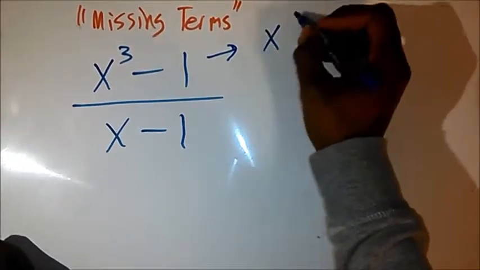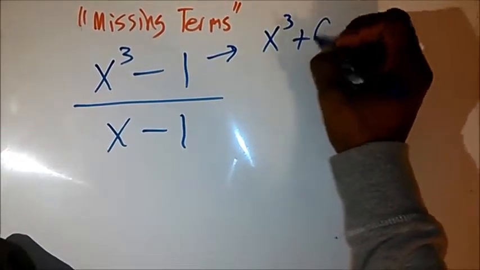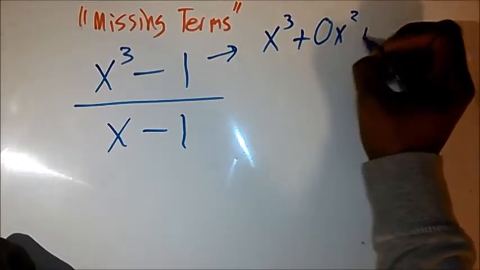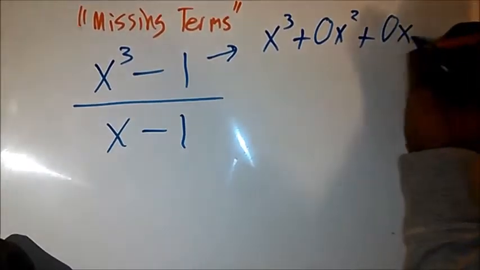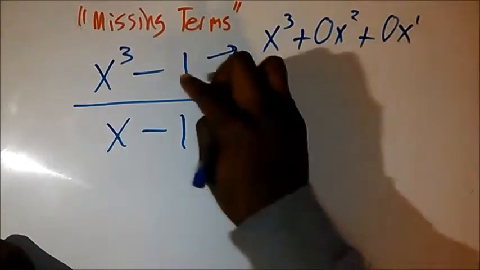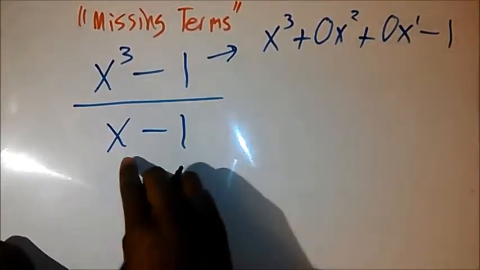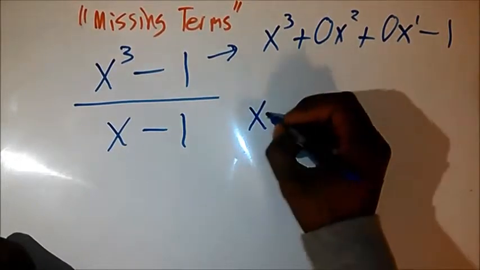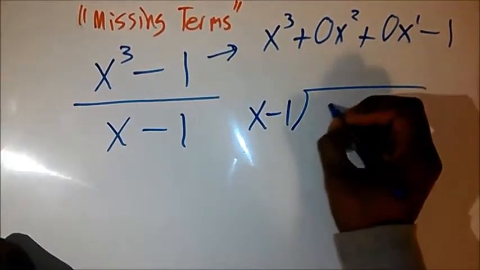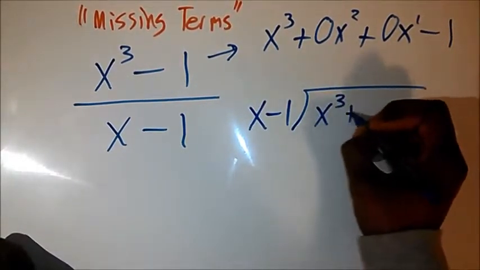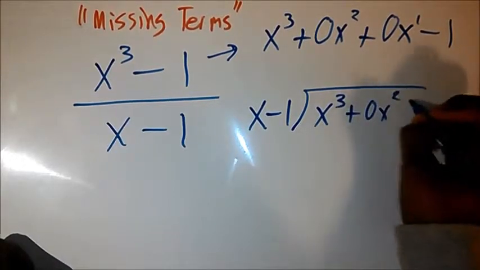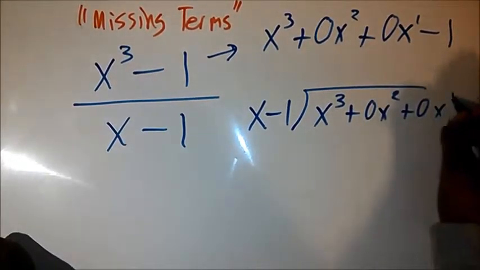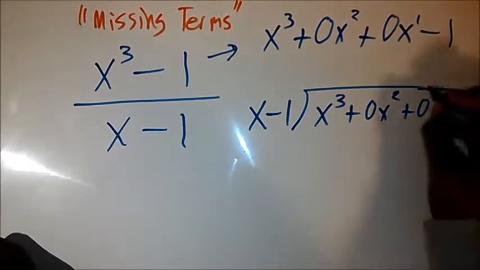It should be x cubed plus this placeholder of 0x squared plus another placeholder of 0x to the first power minus 1. This one is good. So let's divide it now. x minus 1 divided into x cubed plus 0x squared plus 0x to the first power minus 1.